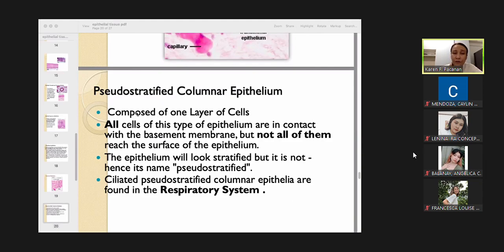Similar to simple columnar, pseudostratified columnar would also have a variant. We call this the ciliated pseudostratified columnar epithelium, which is found in the respiratory passages, such as the trachea, the slide we used, and the main bronchi. Therefore, this variant, ciliated pseudostratified columnar epithelium, is also referred to as the respiratory epithelium because of the location.